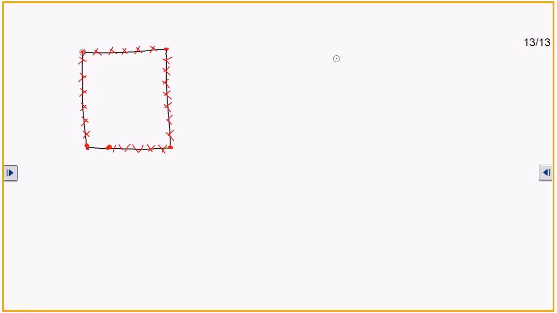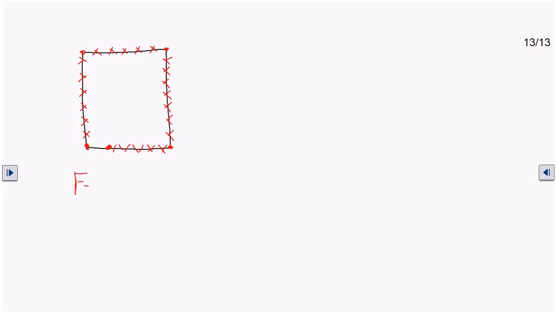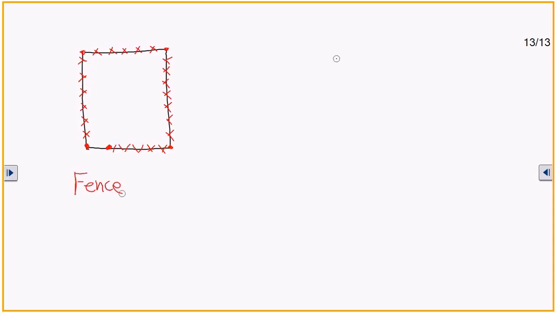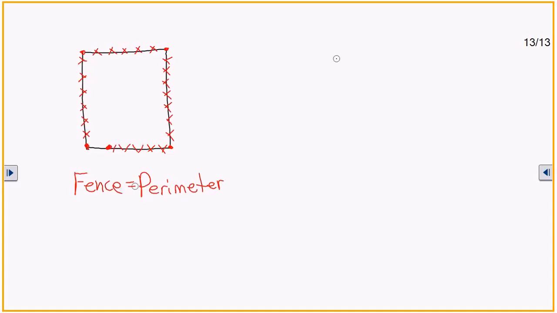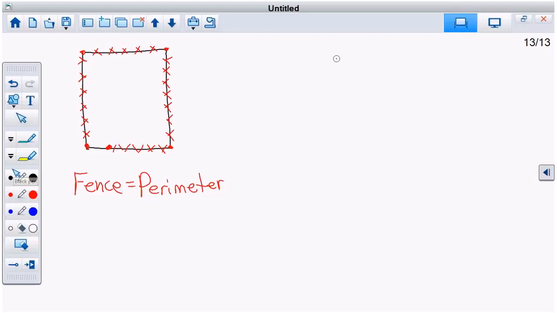Well, think of the fence as the perimeter. Because what does the fence do around the property? It surrounds the property. That's what the perimeter does. And then you say to yourself, since I got a fence up, I want to put some cows out there, or some goats, or some horses.